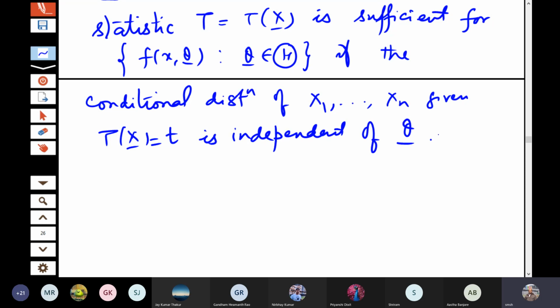I will explain this. What does it mean? First of all, what is the literal meaning of sufficiency? What do you mean in the English language by something called sufficient? Like you say that this much food is sufficient, or this many books are sufficient, or any quantity of something is sufficient.